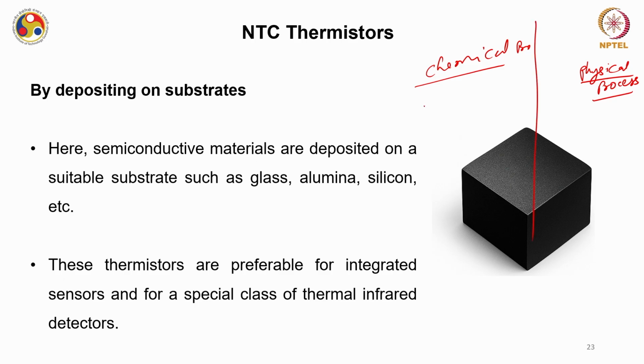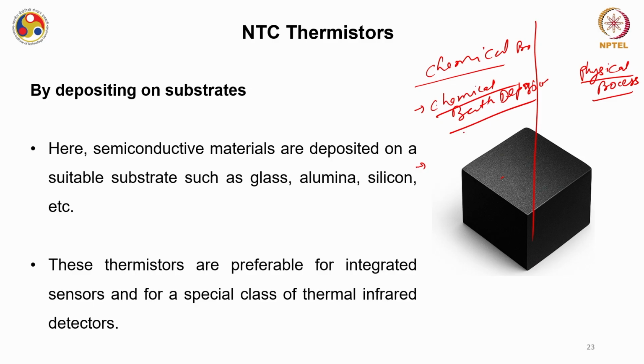For chemical process, you can understand it by some chemical bath depositions. Mostly with chemical bath depositions, you will find the thermistors. Chemical bath deposition can be helpful for developing some R&D kind of thermistors, but for the commercial level, for commercial usage, you use CVD, which is chemical vapor deposition.